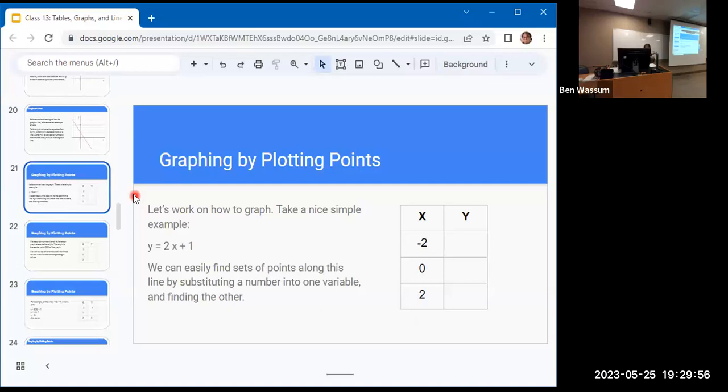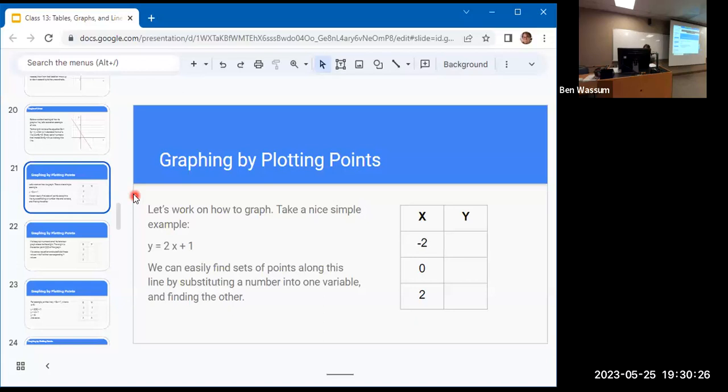Which sounds like it could be complicated until you realize that a line extends in every direction forever. So no matter what X value or Y value you plug in, there is going to be a corresponding value for the other. Our standard example here is going to be y equals 2x plus 1.